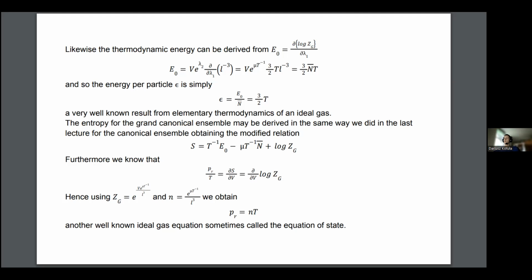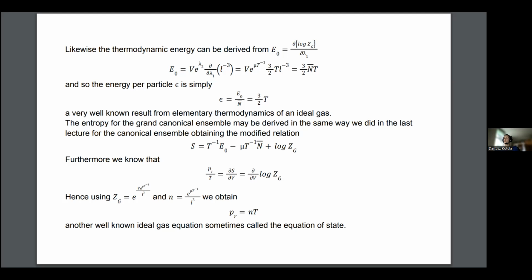Thermodynamic energy E0 equals V times exponential of λ2 times the partial derivative of the length scale L to the minus 3 with respect to λ1, and that is equal to V times exponential of μ over temperature T to the minus 1 times 1.5 times temperature times length scale to the power of minus 3, which equals 1.5 times mean N times T. Similarly, the energy per particle epsilon equals thermodynamic energy E0 over mean N, and that is equal to 3 over 2 times temperature T.